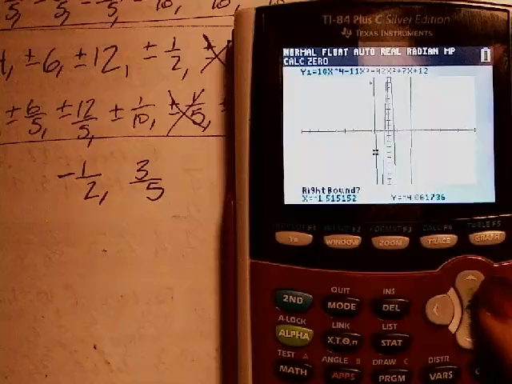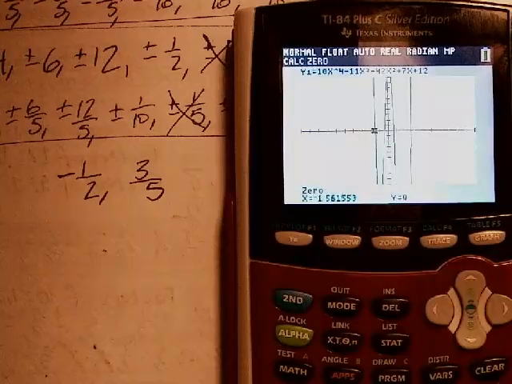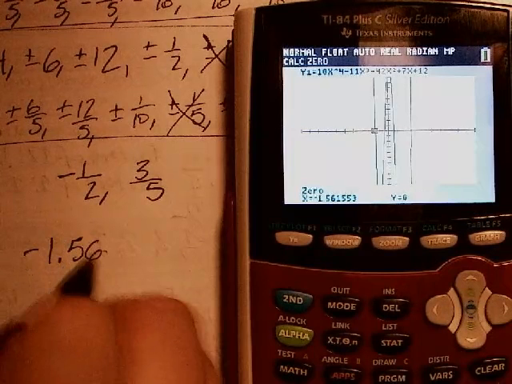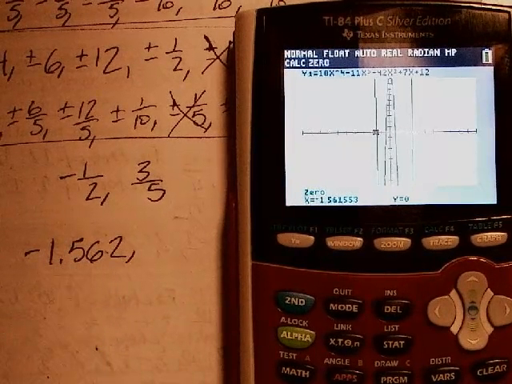Then I'm going to move my cursor back to the right of it, and then I'm going to move it as close as I can, and that's as close as I can get. And I get for my 0 negative 1.562-ish.